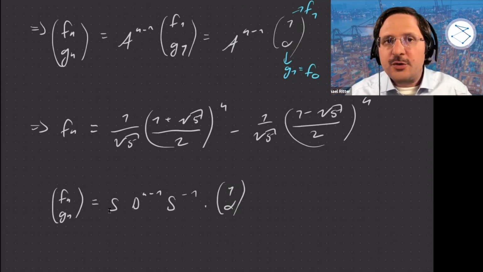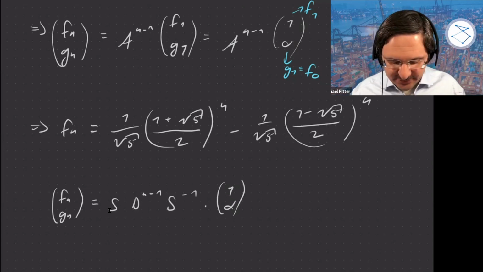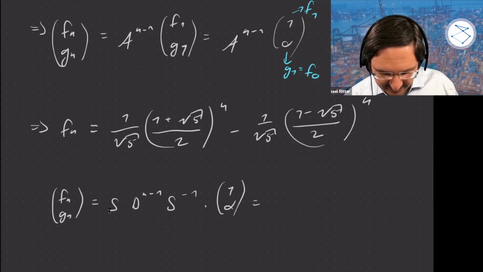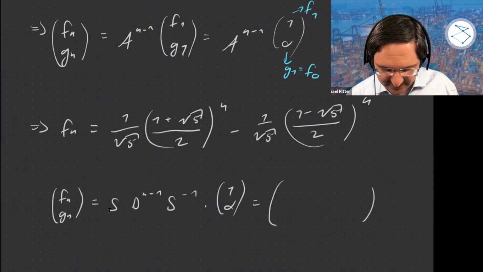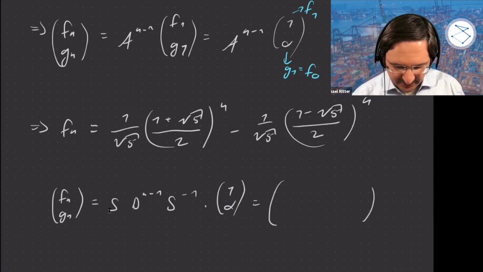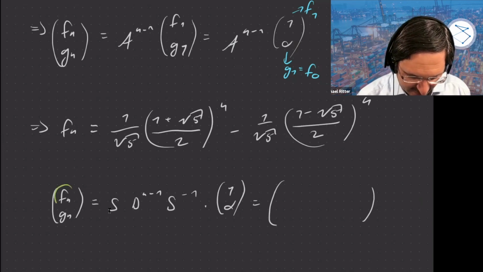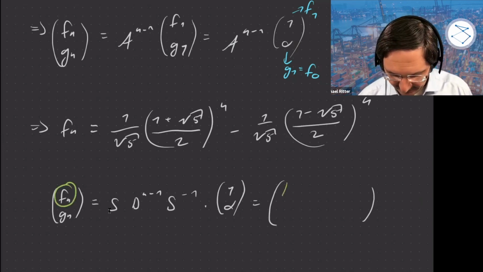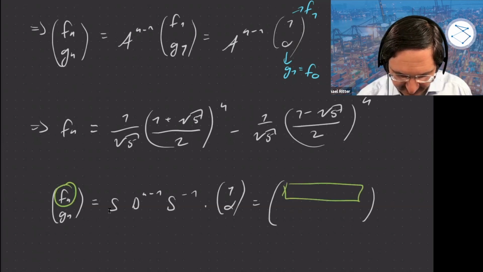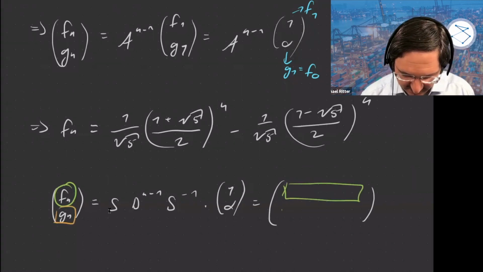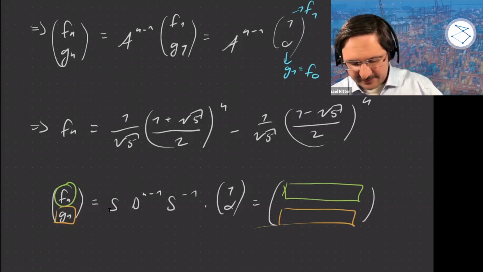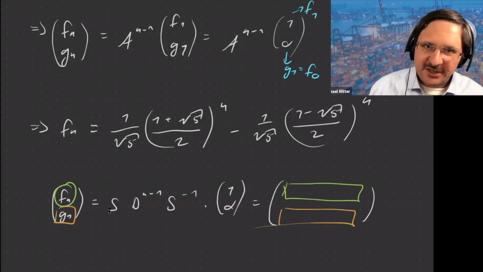And I'm just doing the computations here. I'm computing this result, and then I get a vector that consists of two coordinates. The first coordinate is going to be my Fn. That's the value I want. And the second coordinate is going to be my Gn. That's the value I'm not interested in.